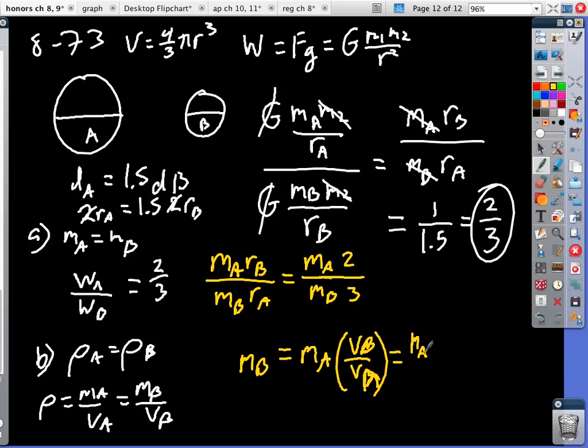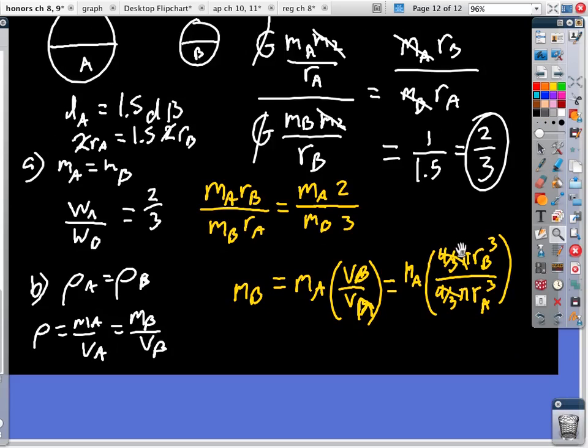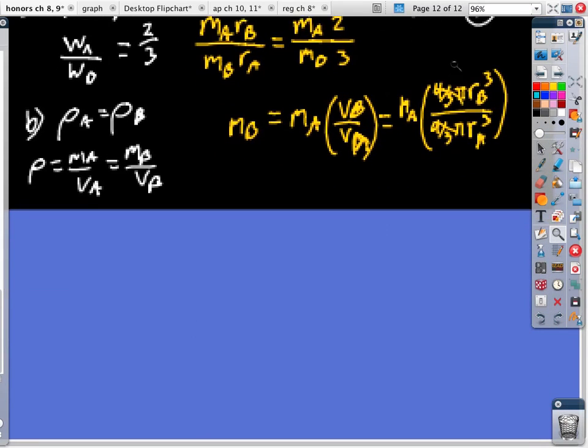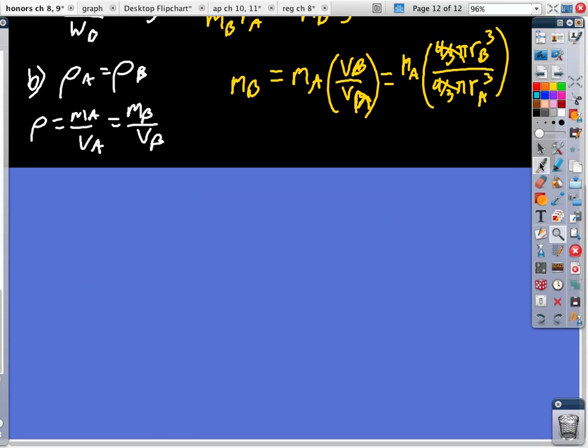So this is MA times 4/3 pi RB cubed over 4/3 pi RA cubed. So that cancels through there. So let's shift this up. So we get MB is equal to MA times RB cubed over RA cubed.